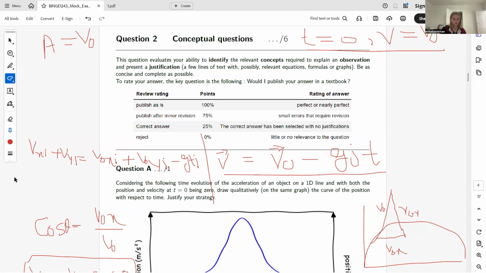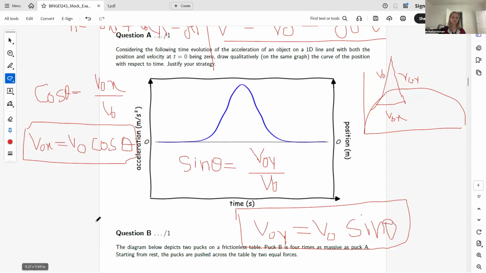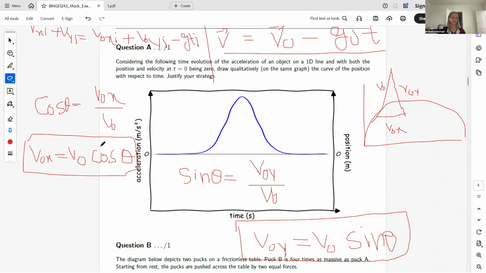Okay, fine. Next, I need to put these components in the equation that we have made here in the rectangles.